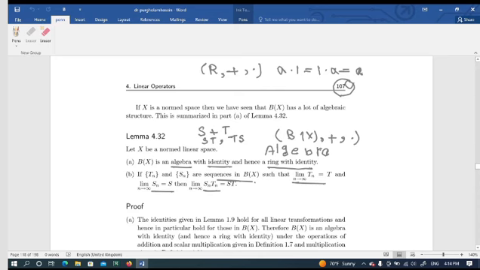When we say that B of X is an algebra, it means that B of X is a vector space with a dot operation or multiplication operation. Here the multiplication of T and S is the composition of T and S.